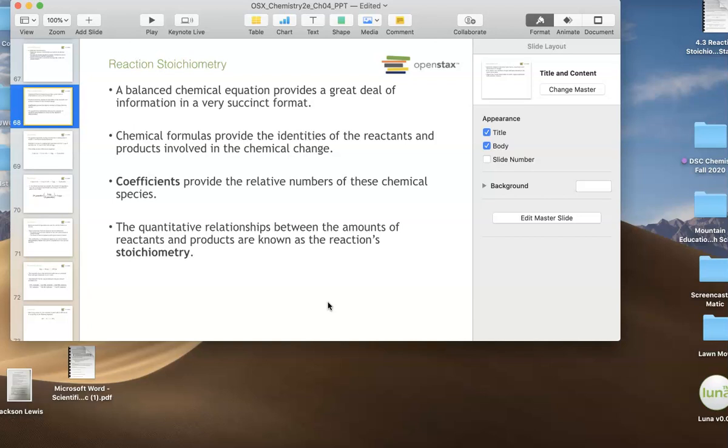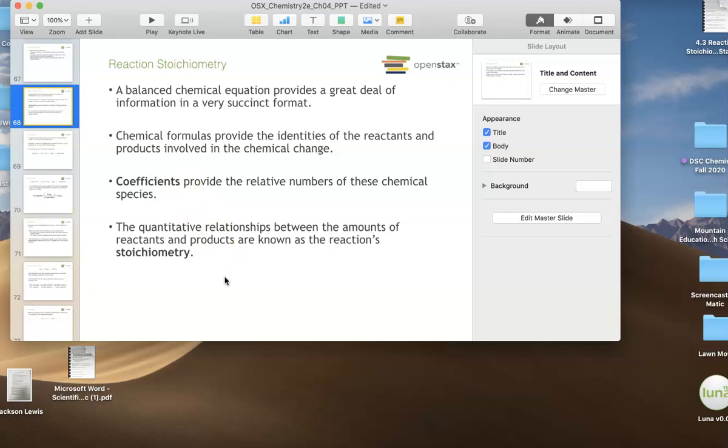Coefficients, the numbers in front of the chemical formulas, provide the number of these chemical species. The coefficients represent either the number of molecules of the species or the number of moles of the species. So when we talk about stoichiometry, we're looking at the coefficient in terms of the number of moles that we have for that species.